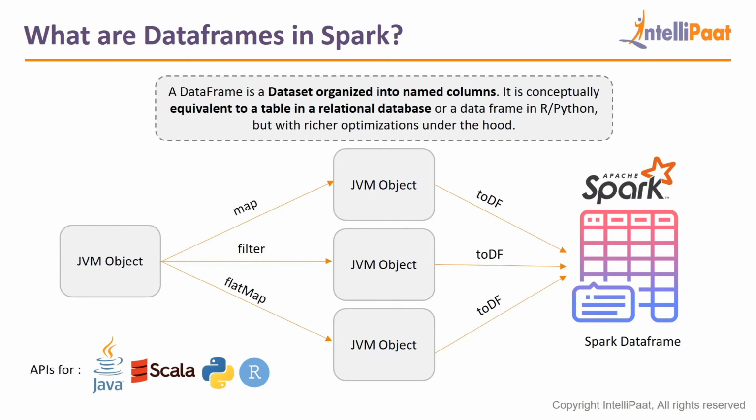So we can perform SQL queries on this, and basically overall treat it as a structured data set. The data frame API is available for Java, Scala, Python, and R. So if you're even from a Python or R background, you can still use Spark data frames very easily.